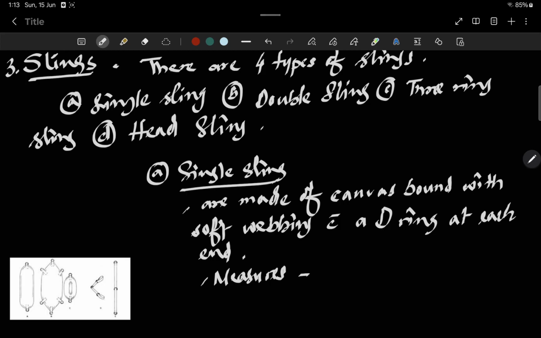Measures 68 centimeter long, 17 centimeter wide.